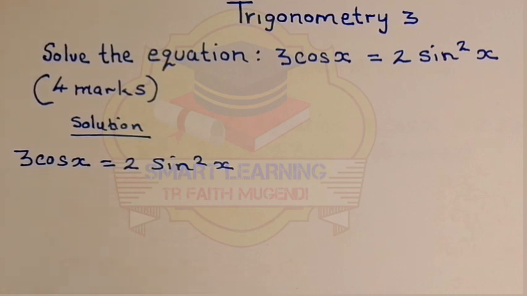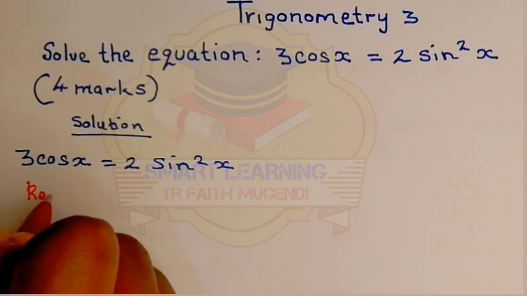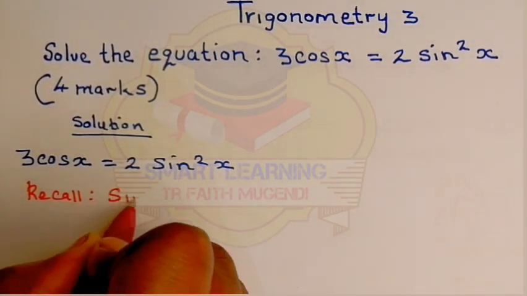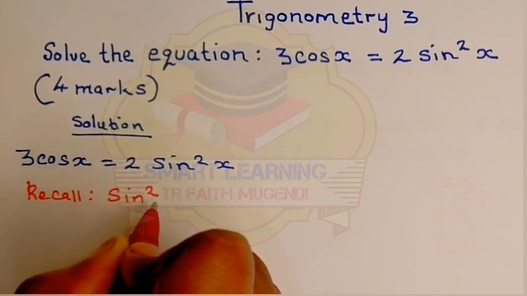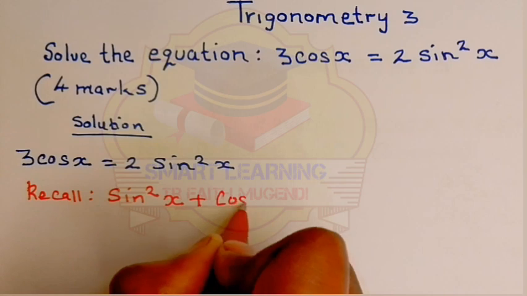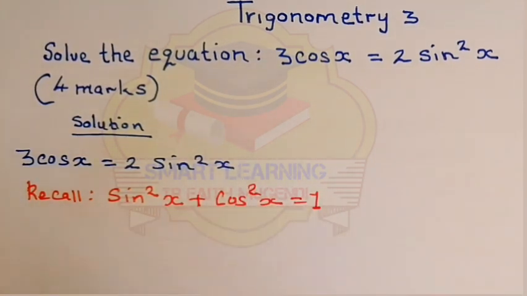So in this case, I want us to remember this trigonometric identity, whereby we say that sine squared x plus cos squared x is equivalent to 1.